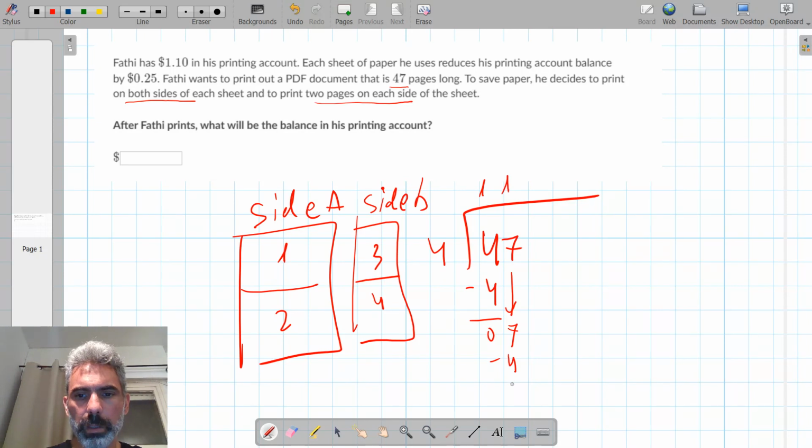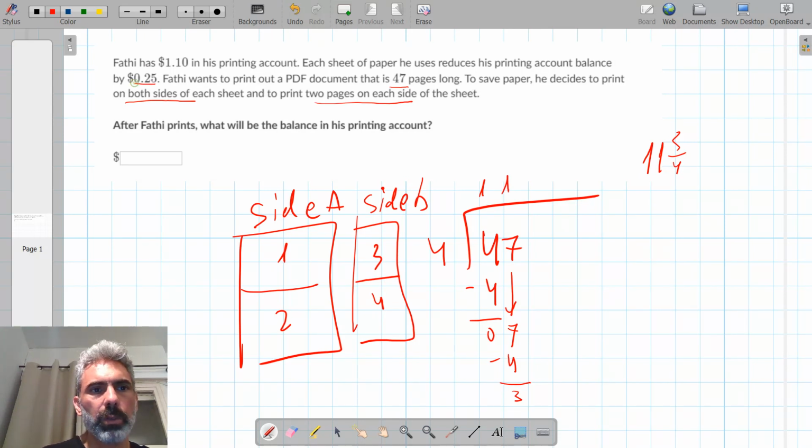And a remainder of 3. So 11 and 3/4. So he needs 12 sheets of paper, because you cannot use 3/4 of a sheet of paper, so we need 12 sheets of paper.